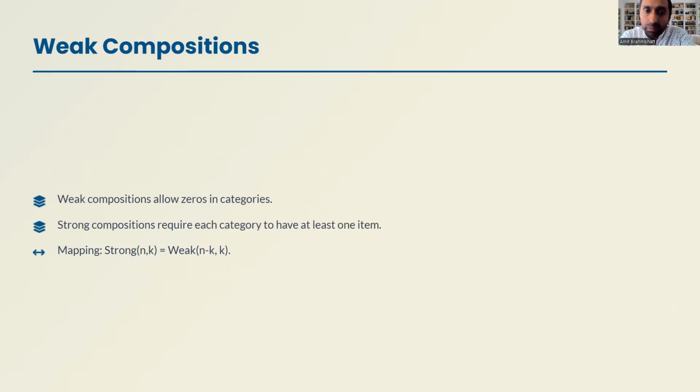Conversely, a strong composition requires that every single category must receive at least 1 item. We can easily solve strong compositions by pre-distributing 1 item to each of the n categories, and then distributing the remaining items using a standard weak multi-choose formula.